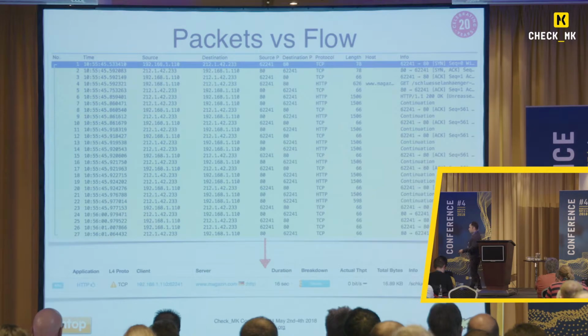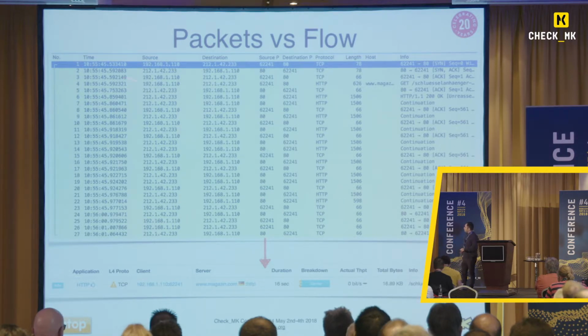Let's see it with an example. This is a capture that I executed using Wireshark. It contains all the packets, actually 27, that are necessary to simply fetch the content of a web page.